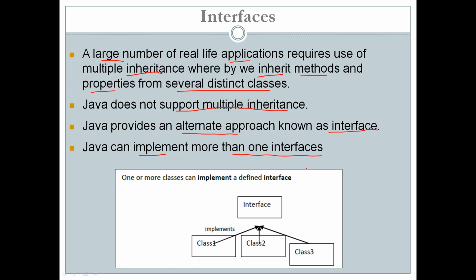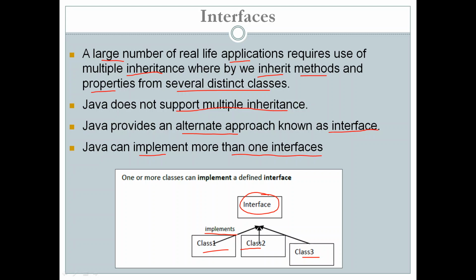Now you can see in the diagram the same thing has been shown. So if we have one interface, different classes can inherit this interface, and to inherit an interface the classes use a keyword called implements.